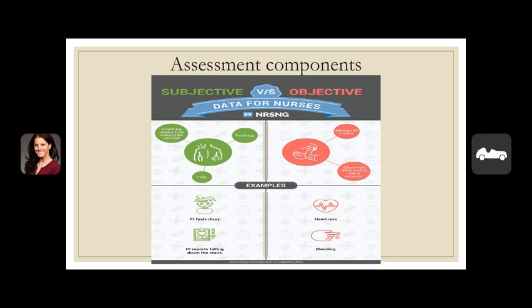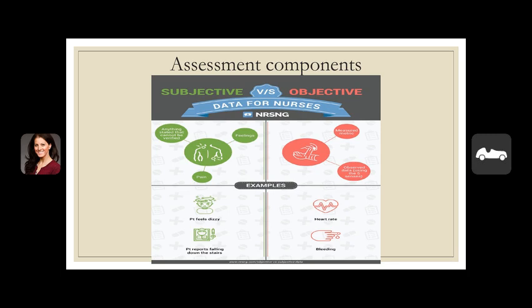Subjective is anything that the patient tells you. For example, the patient says, "I'm in pain," or "I'm dizzy," or "I fell down a flight of stairs yesterday." This is information that the patient tells you that you can't necessarily verify on your own.